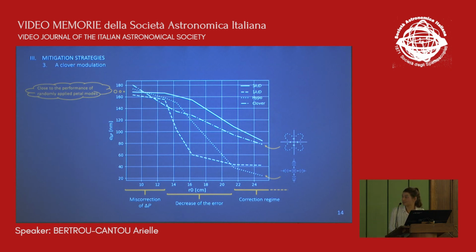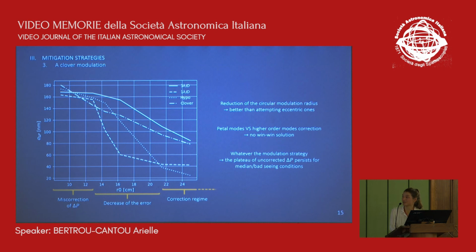Here what we see is that, for instance, the hypotrochoid is better than the clover modulation. But most importantly, we see that just decreasing the modulation radius is better than attempting eccentric modulation.